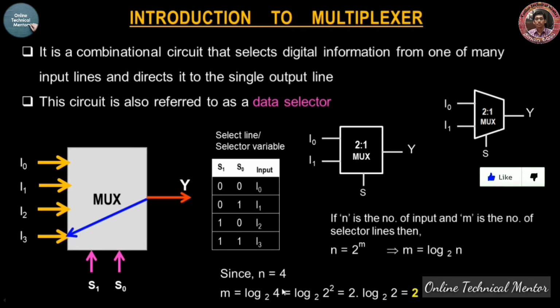So put the value of n over here, m equal to log 2 of 4. 4 can be written as 2 to the power 2. Now the 2 will come in front, so it will become 2 dot log 2 2. Log 2 2 will become 1. So finally we will get 2. That means m is equal to 2. That is, we require 2 selector lines for a 4 input multiplexer.